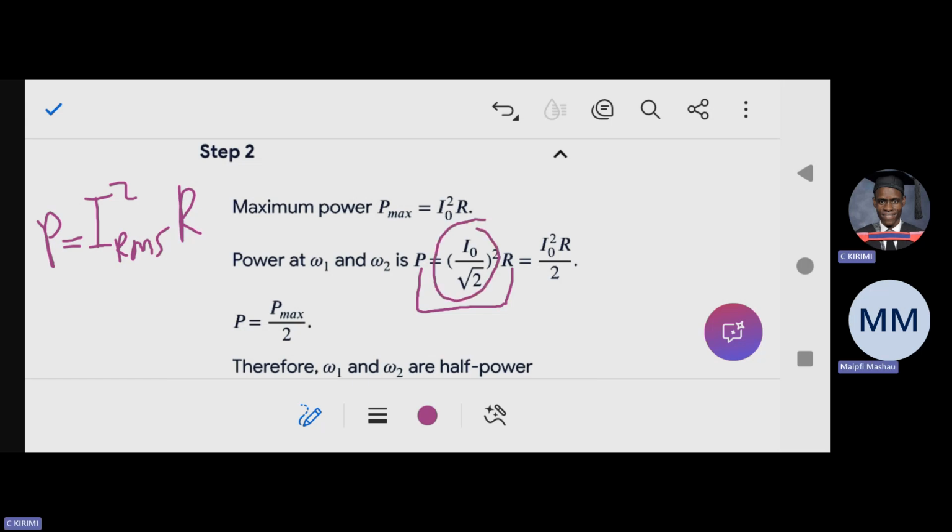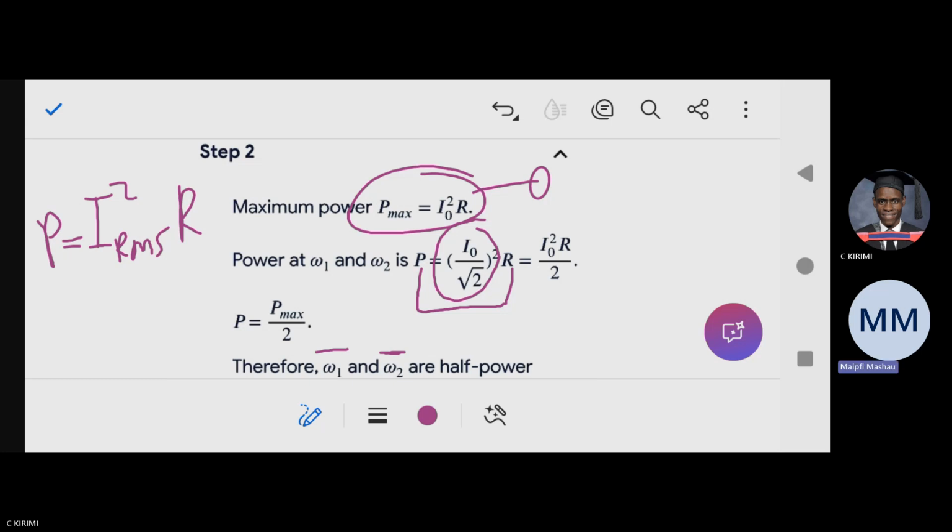So we want to check that the power at W1 and W2 is half of the normal power. We derived an equation for power and found that P max is I naught squared R in general. This was the general equation.